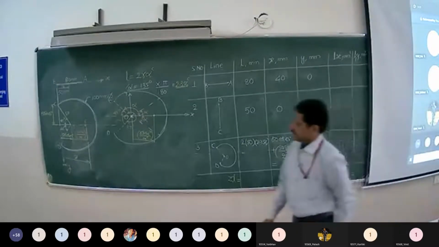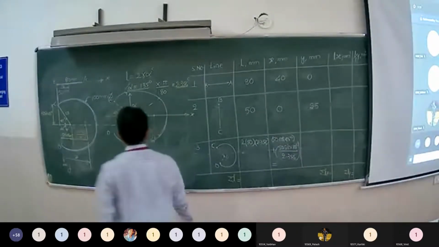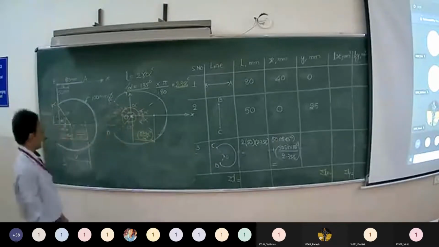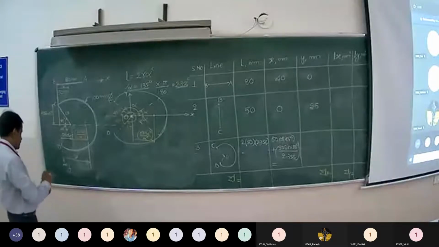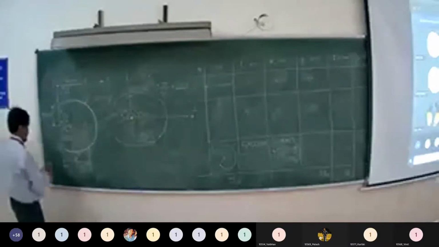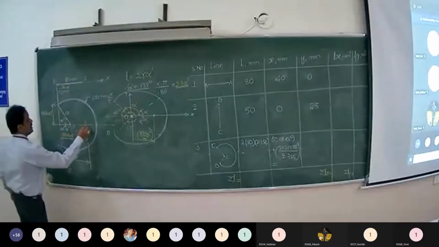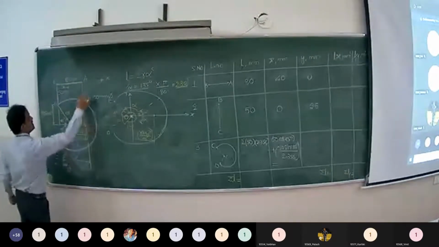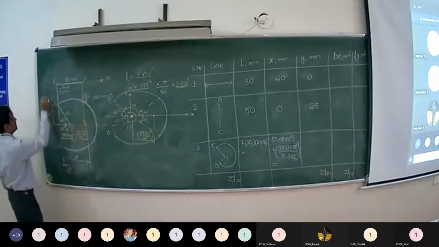What is the value of y? First, tell me 50 plus 50 sine 45. Correct. So the distance of the centroid from the x-axis. So this total distance.